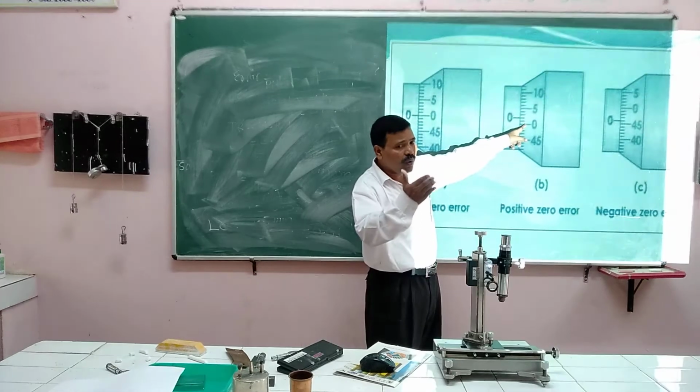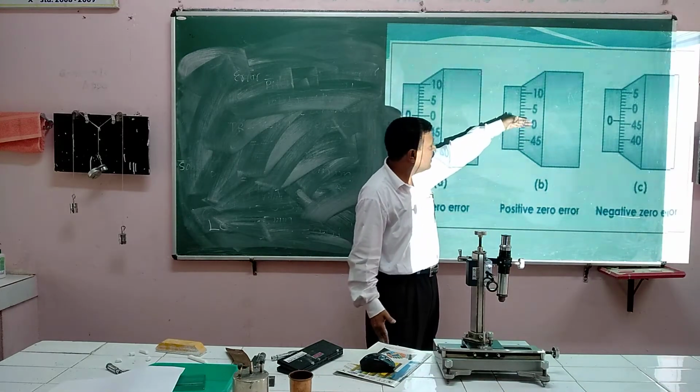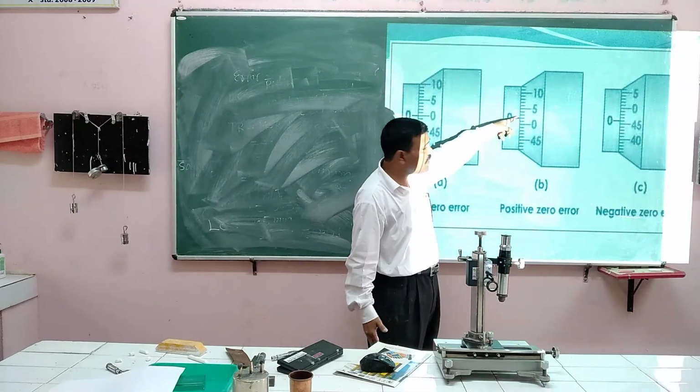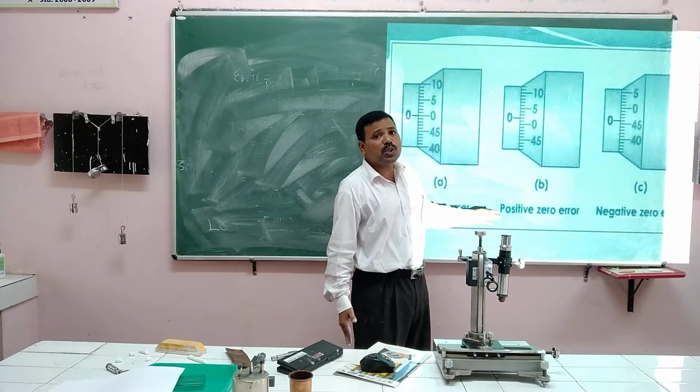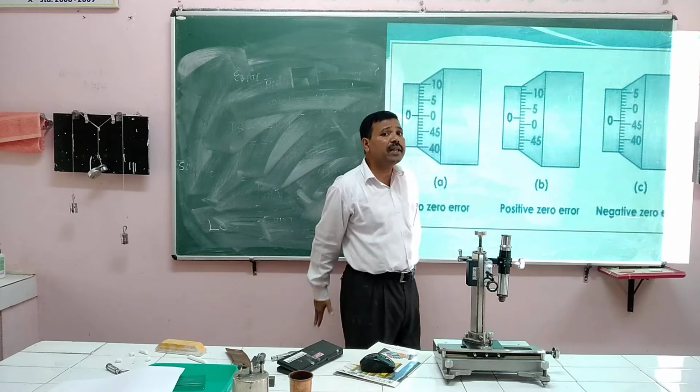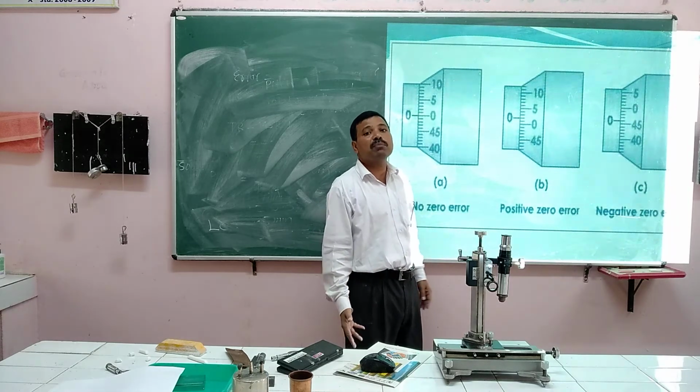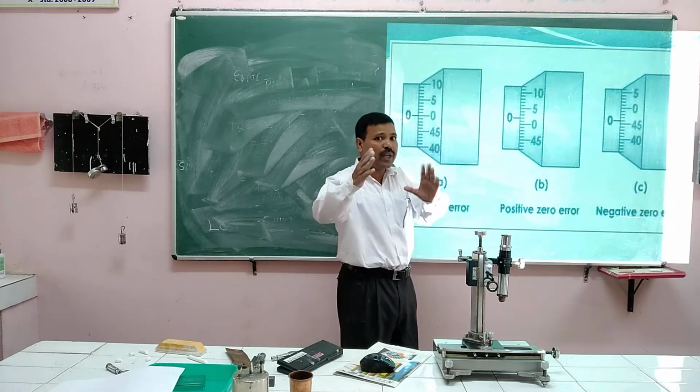If the zero of the circular scale lies below the reference line, such an error is called positive error, and the positive error should be subtracted from the measured value to get the actual value.